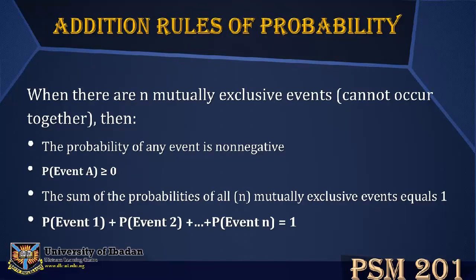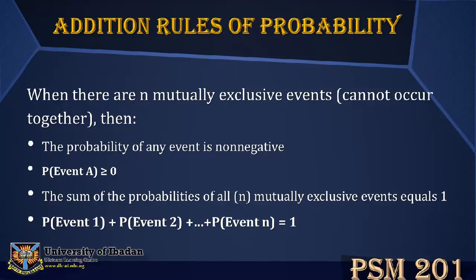Addition rules of probability. When there are n mutually exclusive events that cannot occur together, then the probability of an event is non-negative: P(event A) greater than or equal to 0.